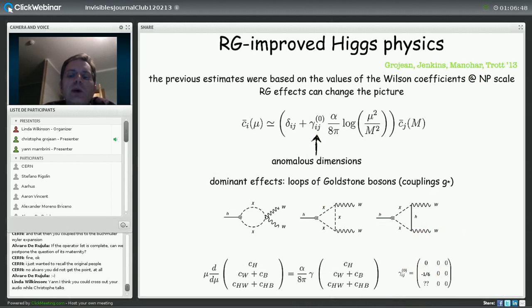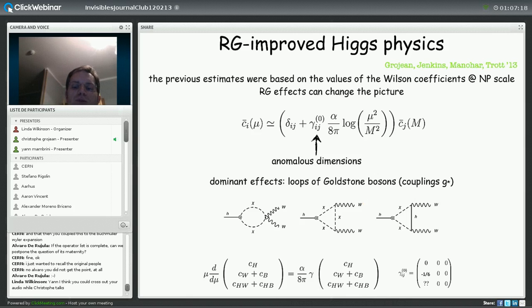Okay, so now moving a little bit further. All these previous estimates were based on the power counting of the Wilson coefficients at the scale of new physics. So integrating out the new physics degrees of freedom, you obtain some Wilson coefficient at the scale of new physics. But of course, any physical process that involves this Higgs boson occurs at a much lower energy.